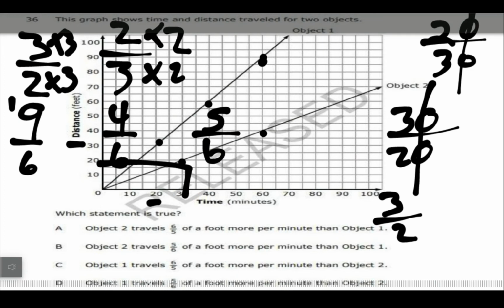We want to look at which one is that. We know it's not the 6/5, so it's not A, and that one is 6/5 also. Object 2 is not traveling faster. Object 1 is traveling faster. So then it would be D for that one.